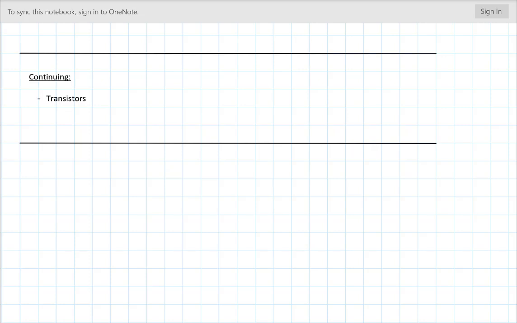Okay, and we won't have time, of course, to do all circuits with all four types of transistors. So we'll do some with one and some with the other.